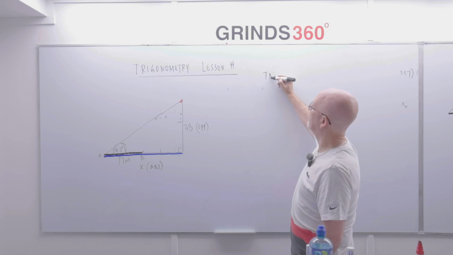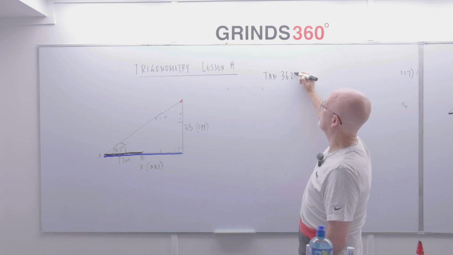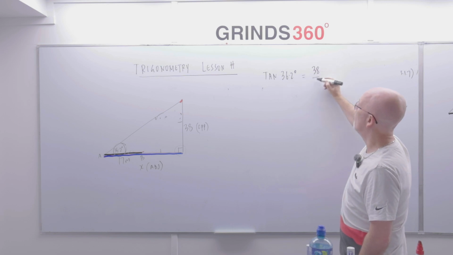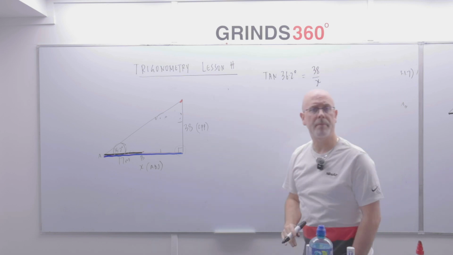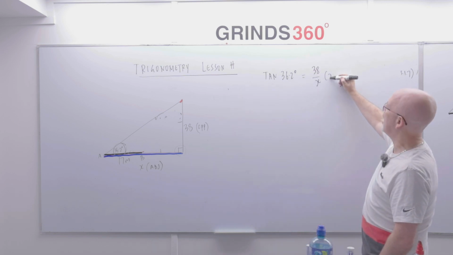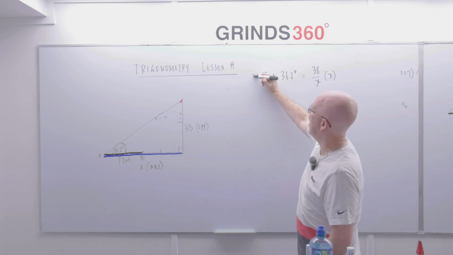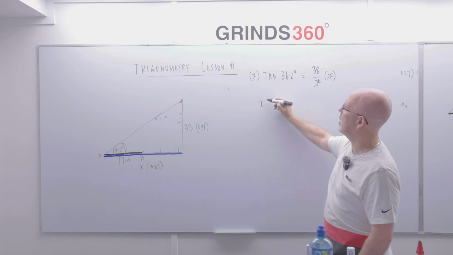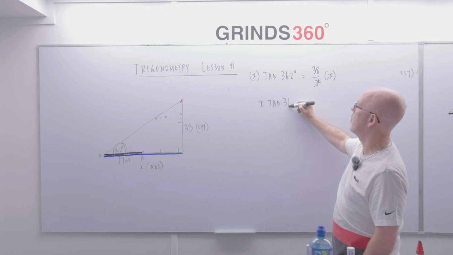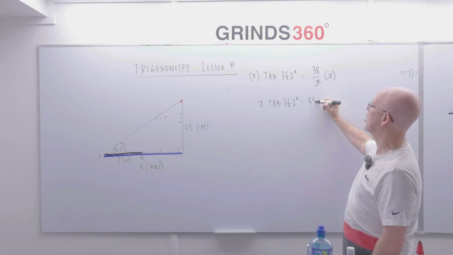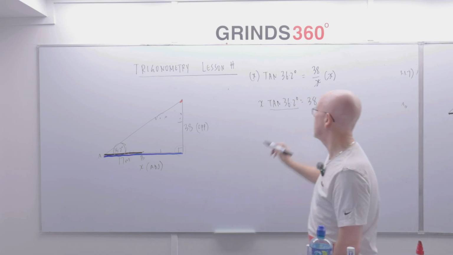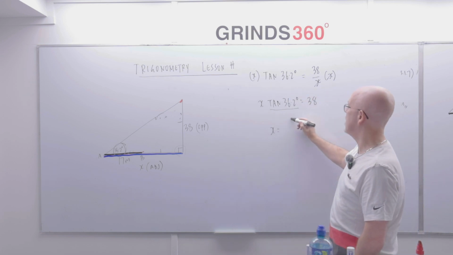So the tan of 36.2 degrees is equal to opposite over adjacent, 38 over X. To remove the fractions, we'll multiply both sides by the denominator X, and they'll cancel on the right-hand side. So I'll get X times tan 36.2 degrees is equal to 38. And then divide by this to leave the X by itself on the left-hand side. So X then is 38 over tan 36.2.